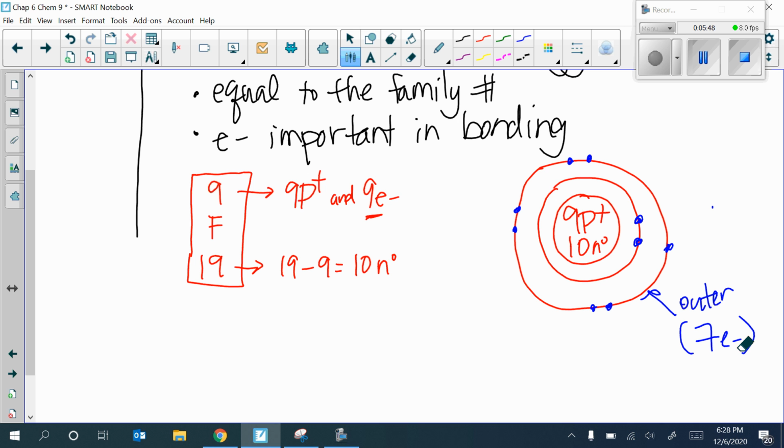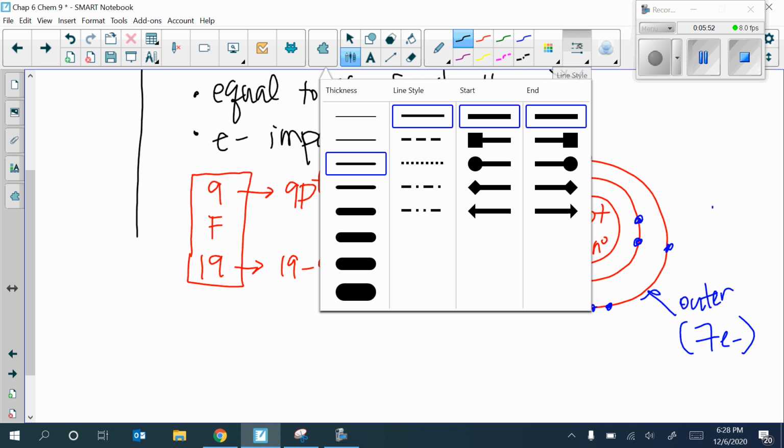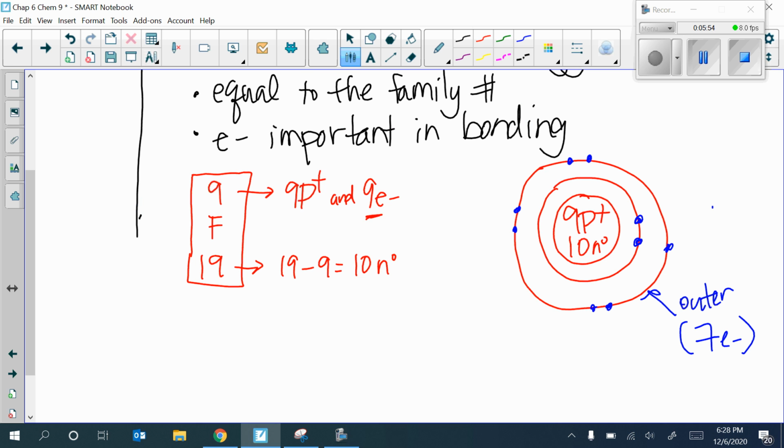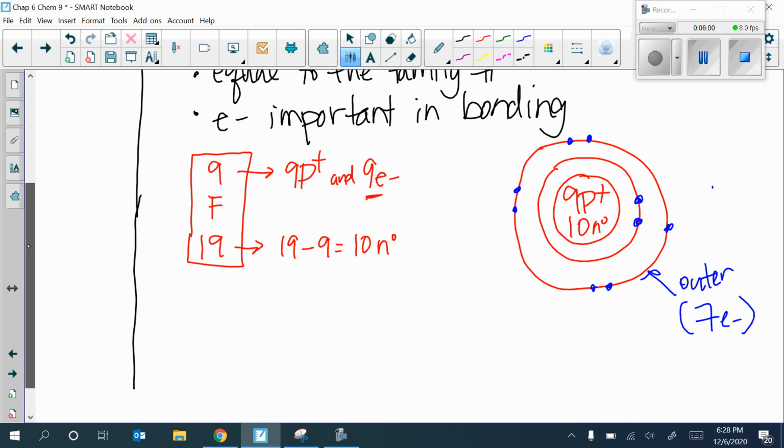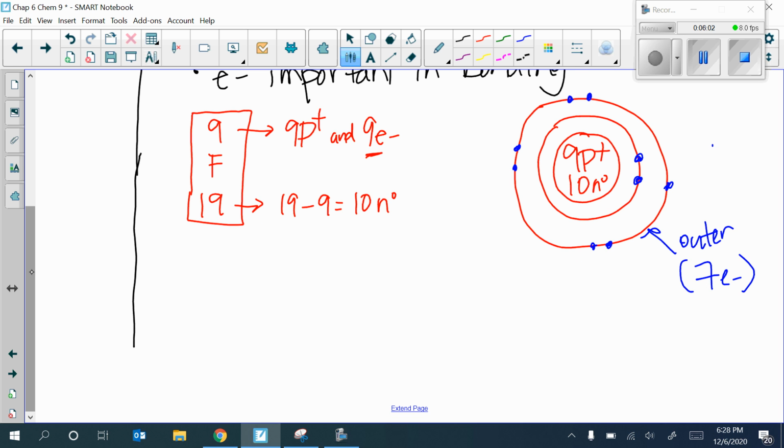So what this is going to do is it's going to lead us into our electron dot diagram. And the electron dot diagram is going to just help us figure out everything on the outer side, how it's going to bond.